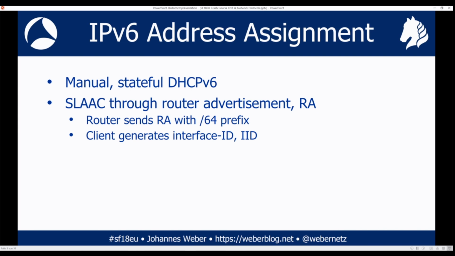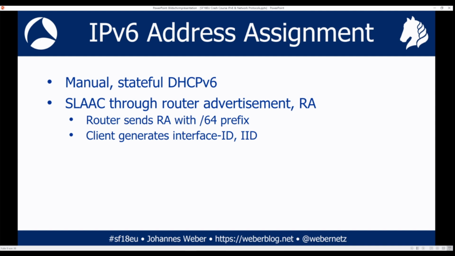For example, in your home connection, when you have a home router, you will not use these two, but you will use SLAAC. SLAAC, yet another acronym, is stateless address auto-configuration. So stateless, you don't have any state, you don't have any central component, you don't have any server that keeps track of the state. Address auto-configuration, so it automatically configures an address for you. How does this work?